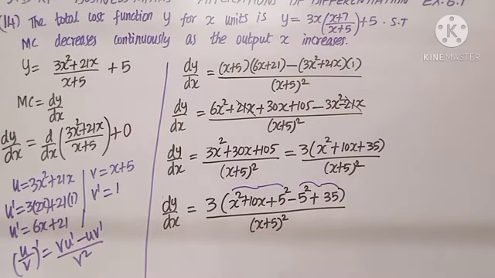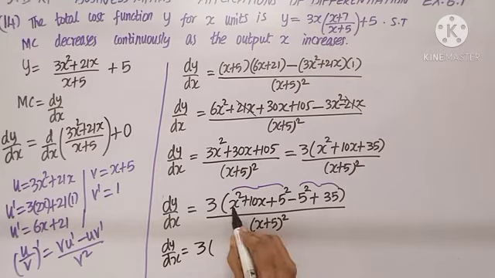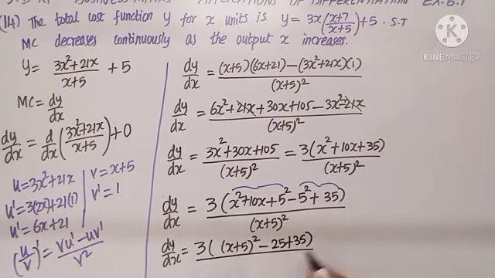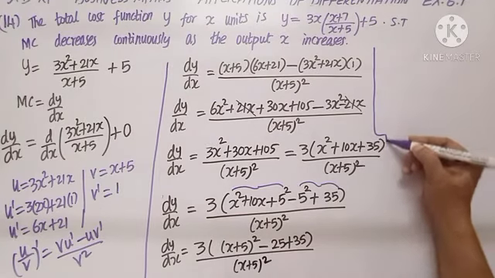What formula? It is dy by dx equals 3 into a square plus 2ab plus b square, that is x plus 5 the whole square, minus 5 square is 25, plus 35, the whole thing divided by x plus 5 the whole square. To write it further, let me split.